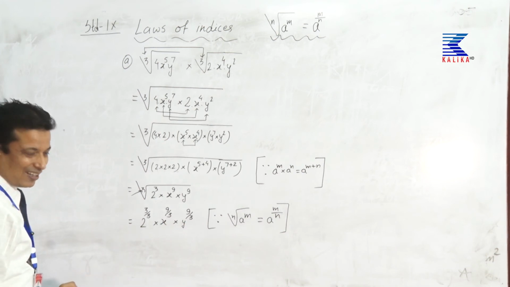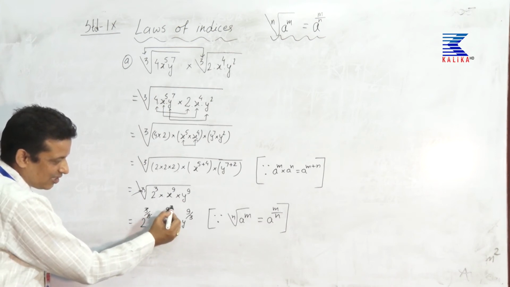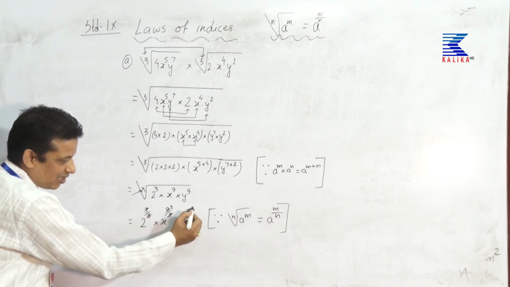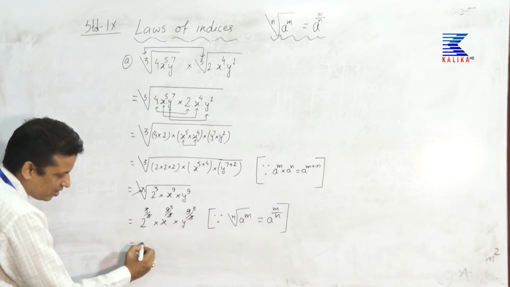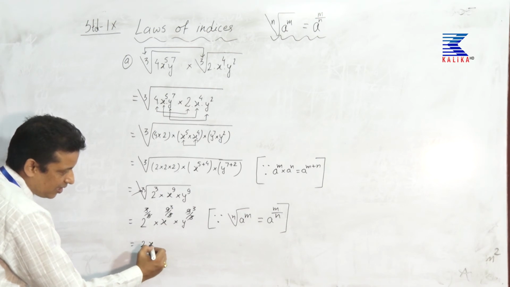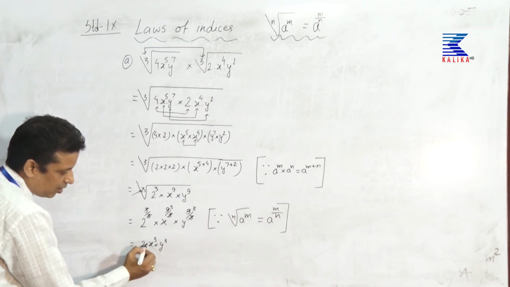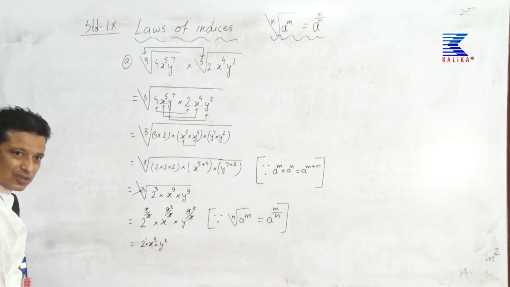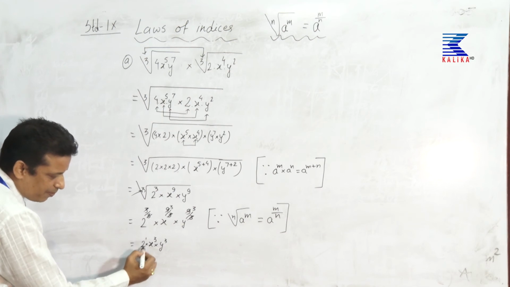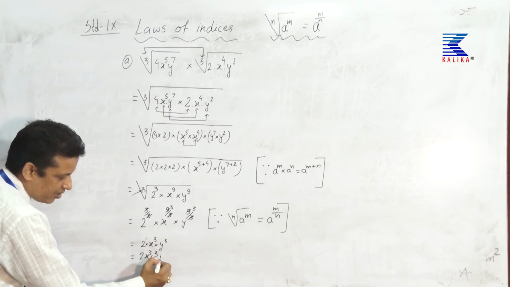Now, finally, 3 and 3 we can cancel, 3 cut it 3 times. And what is the result? 2 to the power 1, no need to write power 1, and x cube is there, and y cube is there. So, the final answer is 2 x cube y cube.